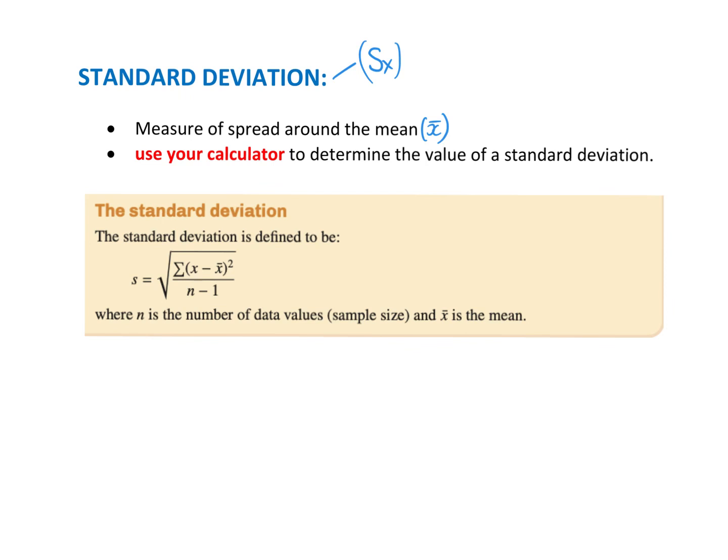Because it only tells us the spread around the mean, we'll only use it in symmetric data. So you'll only see them talking about the standard deviation and spread around symmetric data, and we always use our calculator to calculate it.